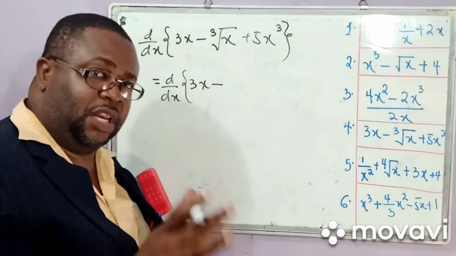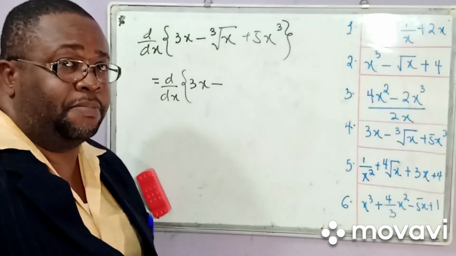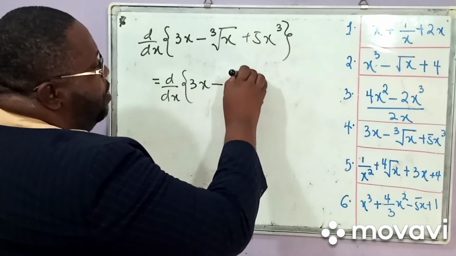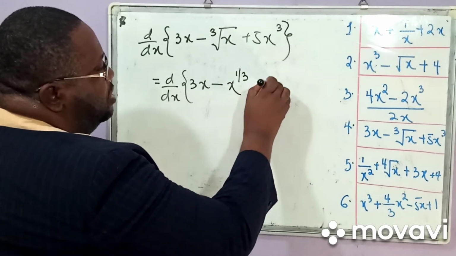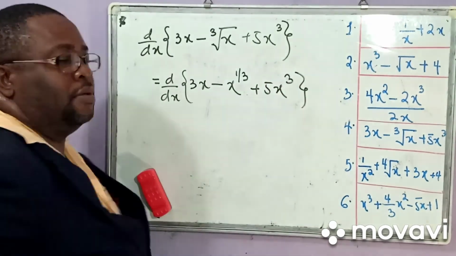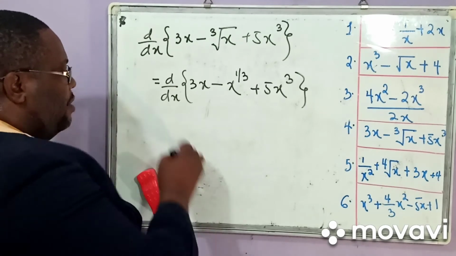Minus, from the rules of indices, the cube root of x is simply x raised to the power 1 over 3. So we have minus x to the power 1 over 3 plus 5x cubed. So now what do we do at this juncture? We now differentiate.